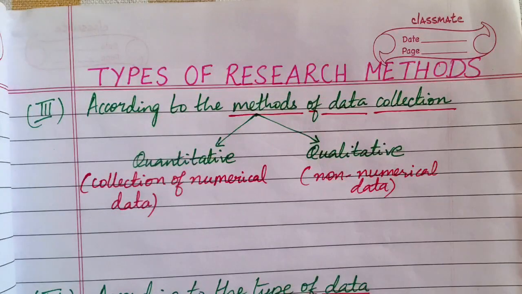The third type is the type of research methods according to methods of data collection, which can be divided into quantitative and qualitative categories. Quantitative research describes, infers, and resolves problems using numbers. Importance is placed on the collection of numerical data and then summarizing that data and drawing inferences from it.